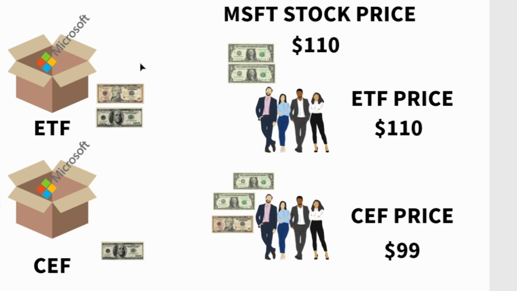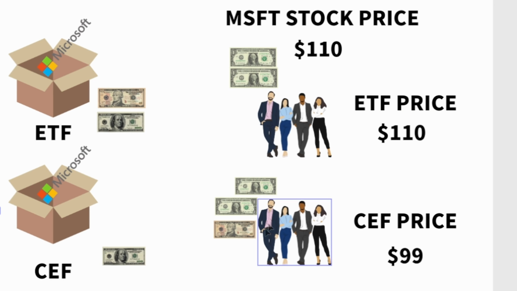So this is how the same exact Microsoft stock in a box of ETFs and a box of CEFs, right, pay out the same exact amount of money, but these people think they got a 12% dividend and these people only got a 2% dividend. So this is the fallacy of the high distribution that you get with the CEF.